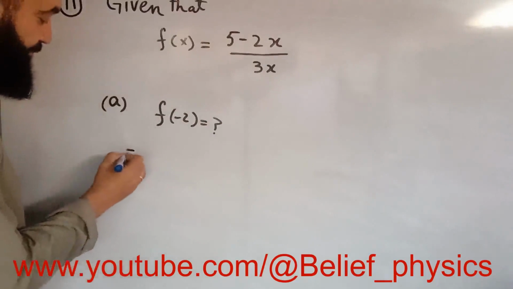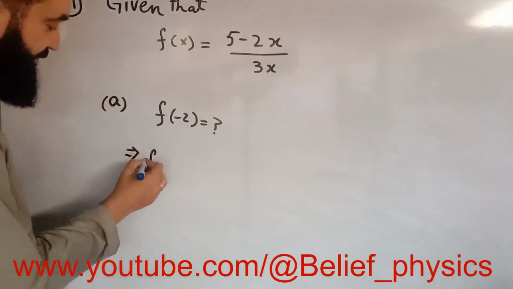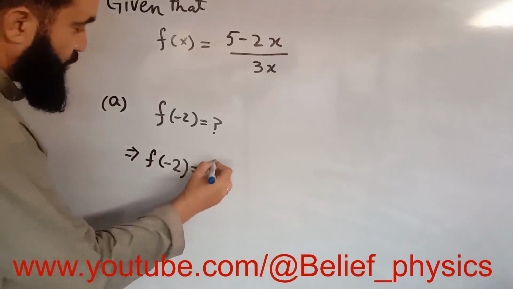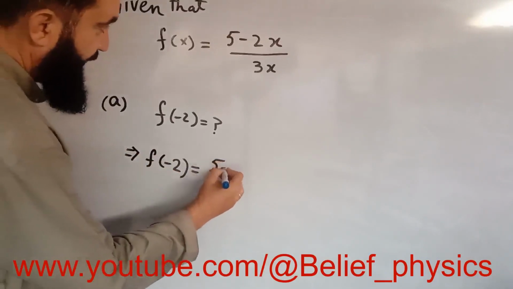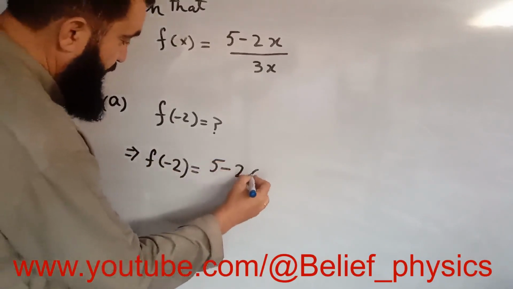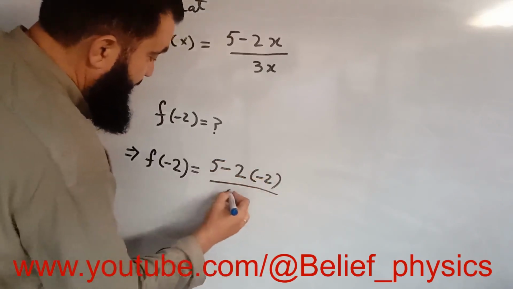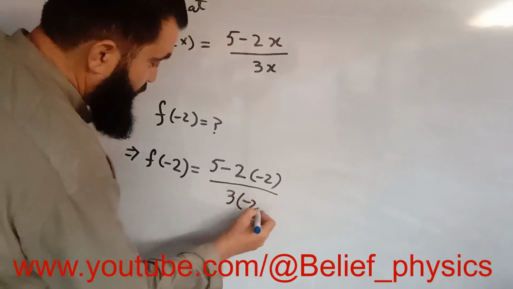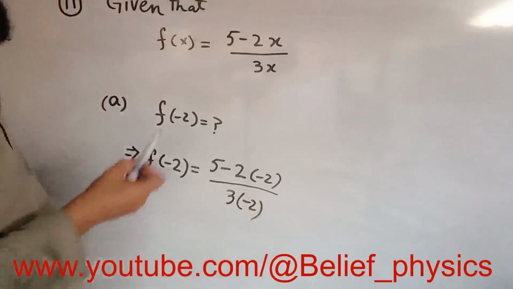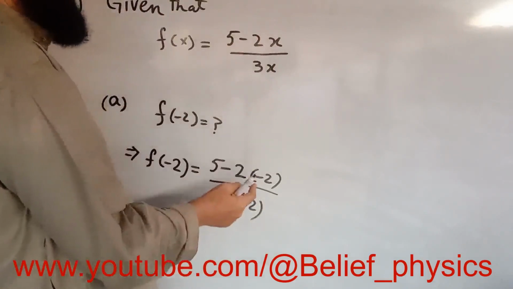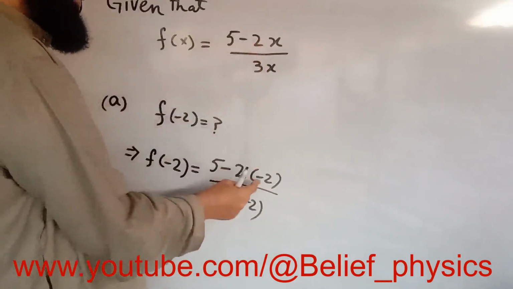So replace x with minus 2 everywhere. Therefore, f of minus 2 will be equal to 5 minus 2 into minus 2 divided by 3 into minus 2. Look here, we have replaced x with minus 2 everywhere. Wherever there is x, we have put minus 2.